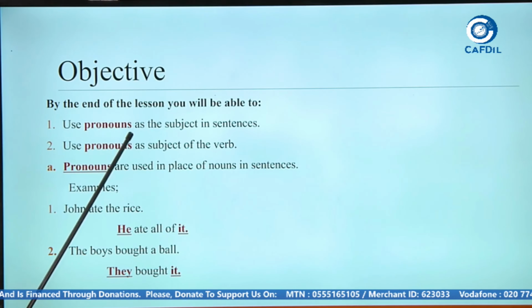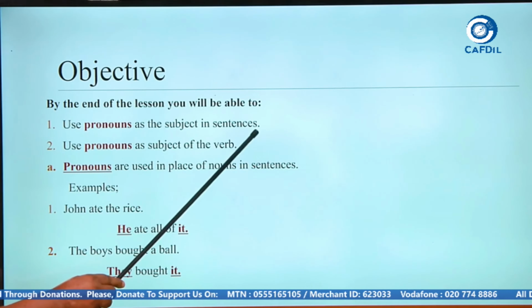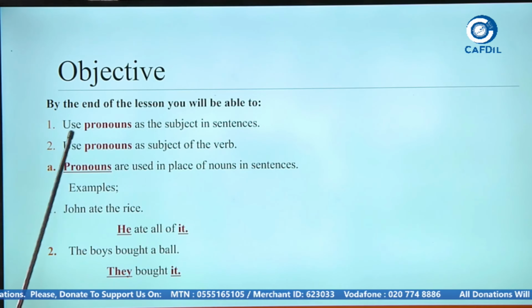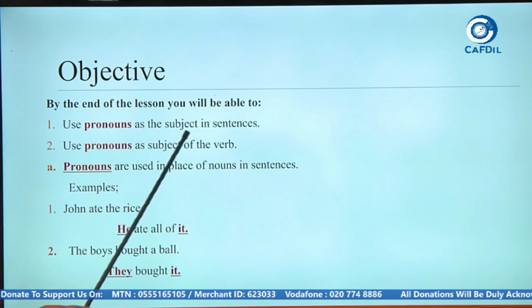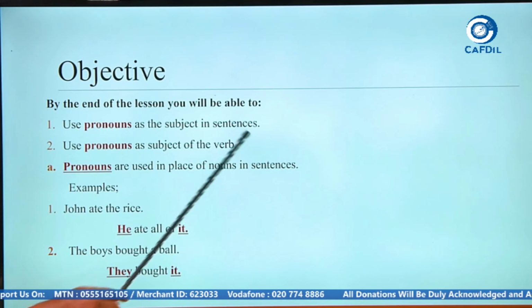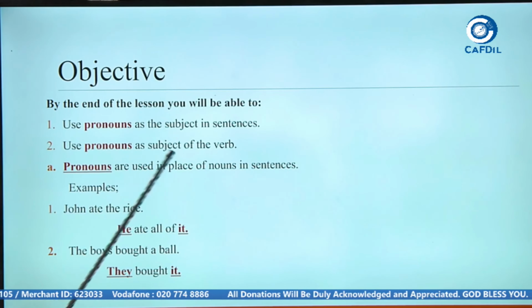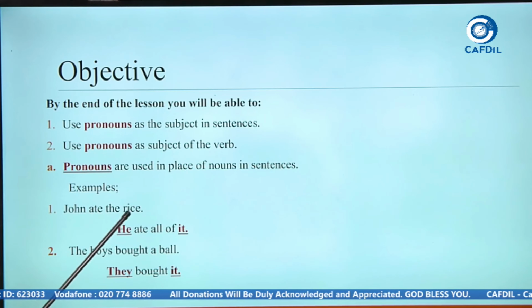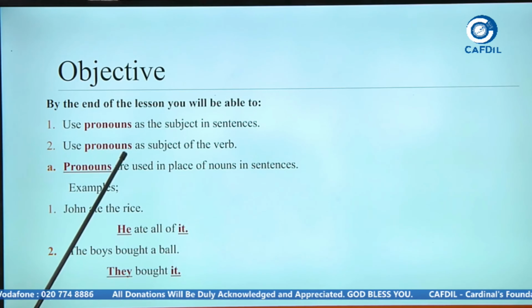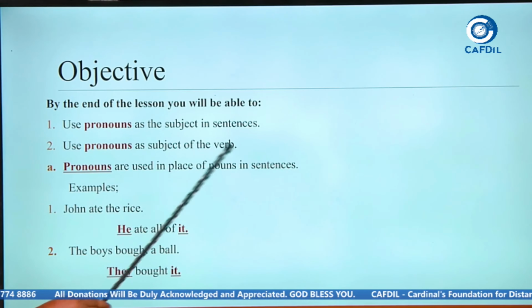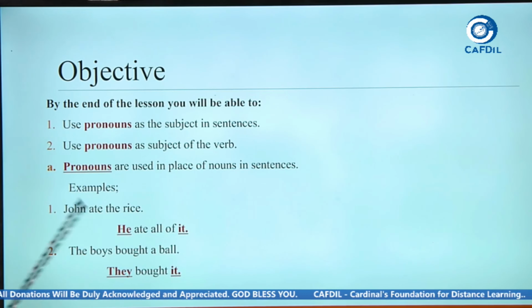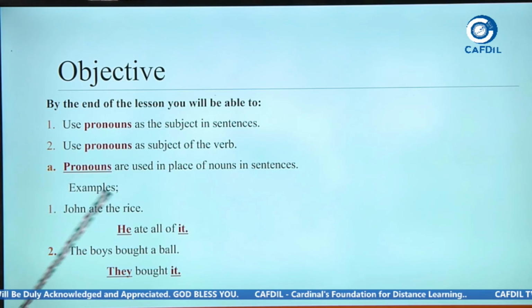Use pronouns as a subject in sentences. 2. Use pronouns as subject of the verb. Now, let's see how we go about it.